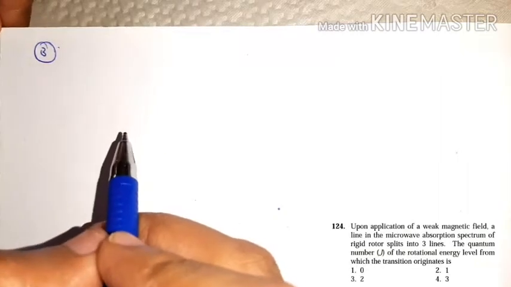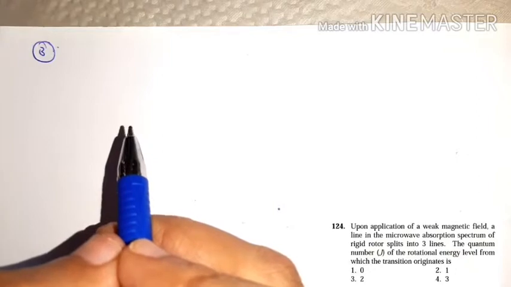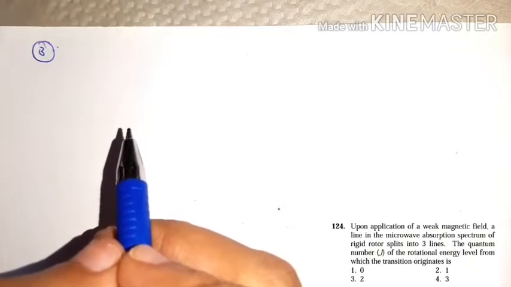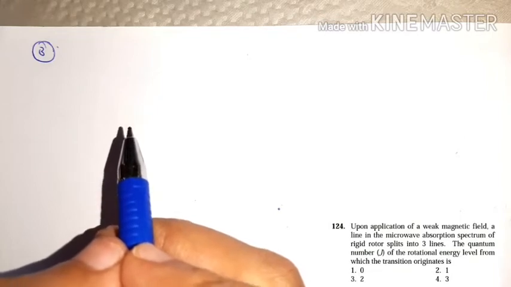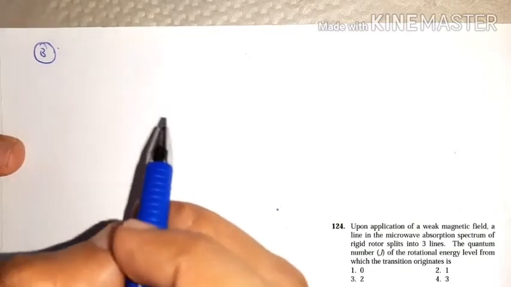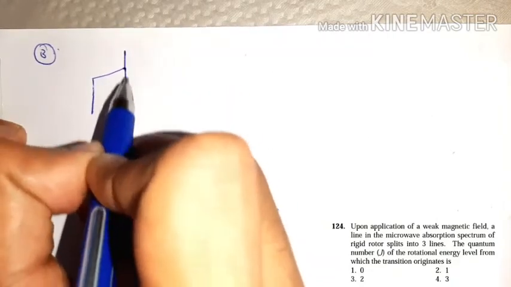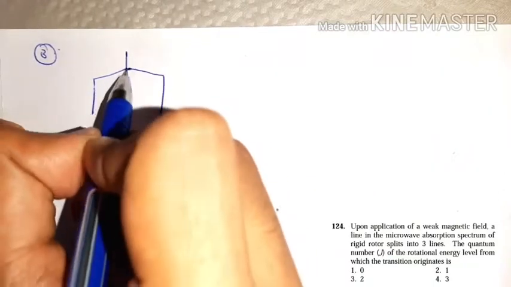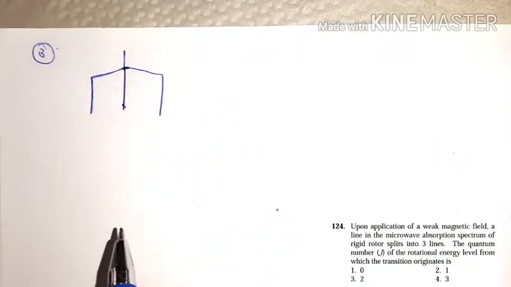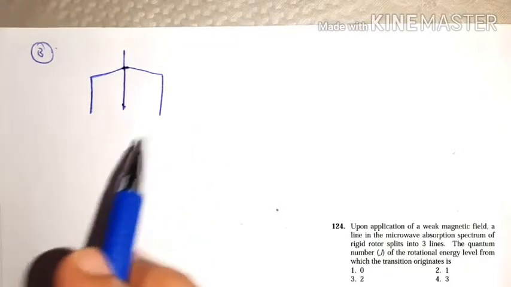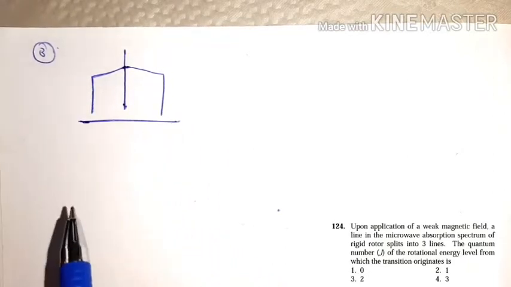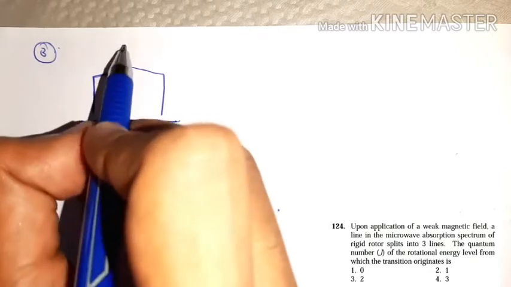According to our question, we have a condition that in a microwave absorption spectrum, the rigid rotor splits into three lines. This happens in the presence of an electric field. When the electric field is absent, we get only a single line in the microwave absorption spectrum.